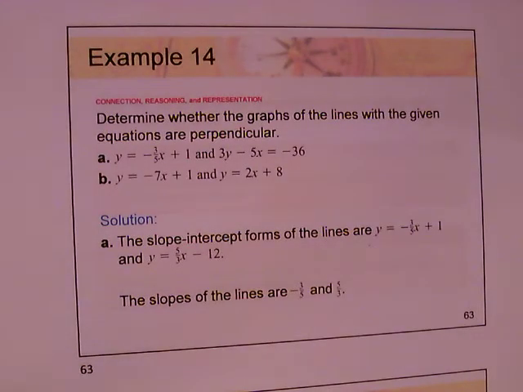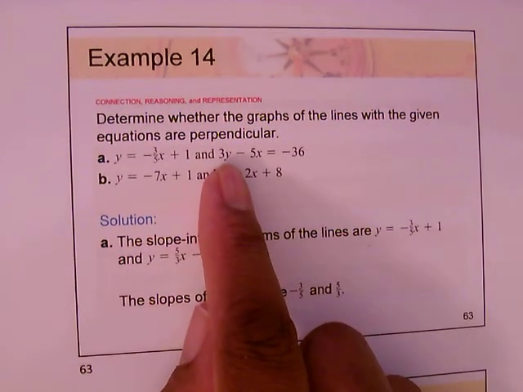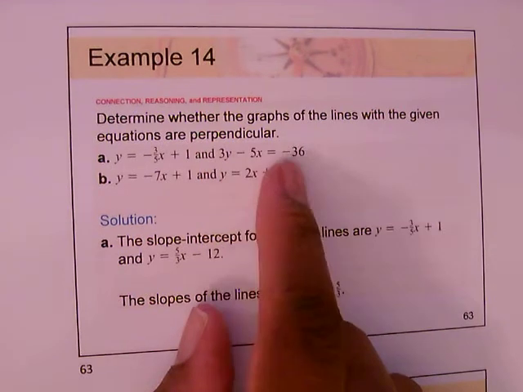So look at this example here. I want to determine whether the graphs of the lines with the given equations are perpendicular. Starting with part A, we've got y is equal to -3/5 x plus 1 and 3y minus 5x is equal to -36. The first equation already has y by itself. The second equation does not. We need to get rid of the 3 that's in front and move the 5x over to the other side.